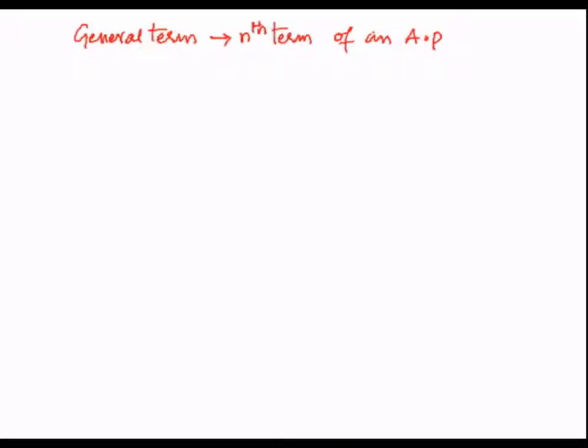So first of all, T1 is nothing but the first term of an AP, which is denoted by the letter A. Whereas T2 is the second term.